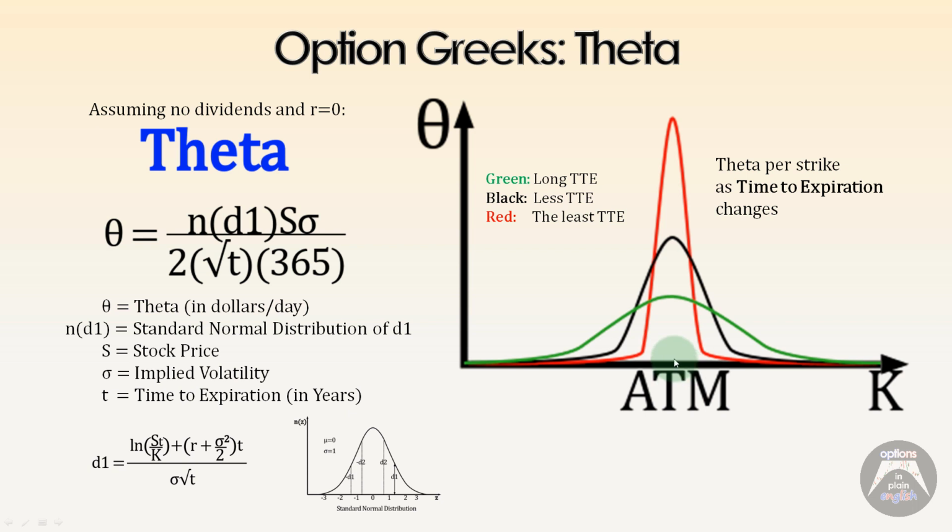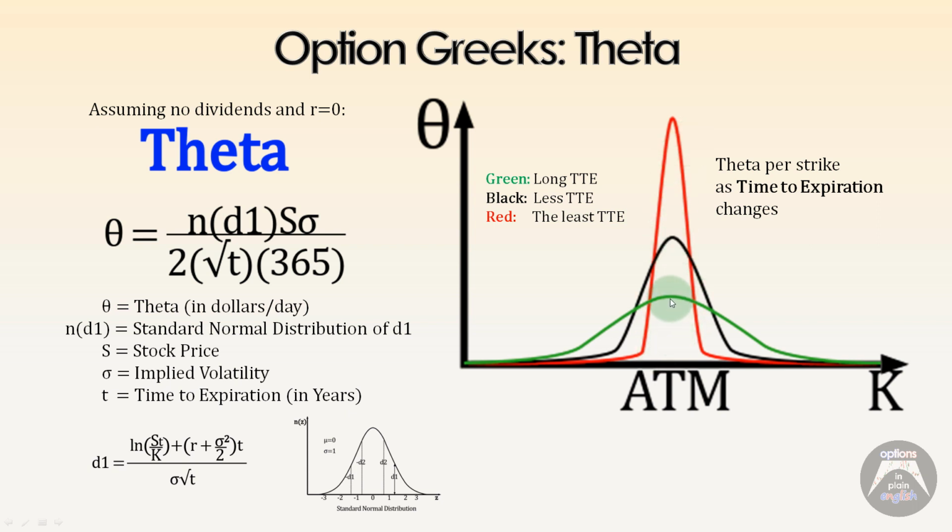What that means is when you're very close to expiration, it's only the strikes that are very close to the at the money that are going to have a lot of theta. Okay, so you can see that at the money there is an acceleration in theta.